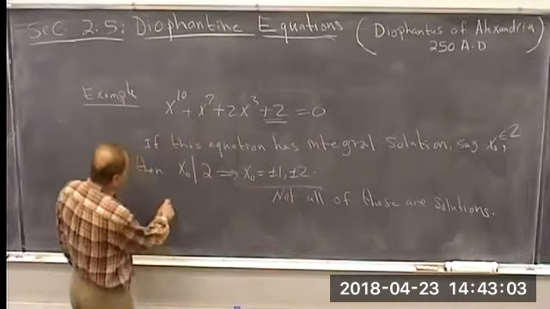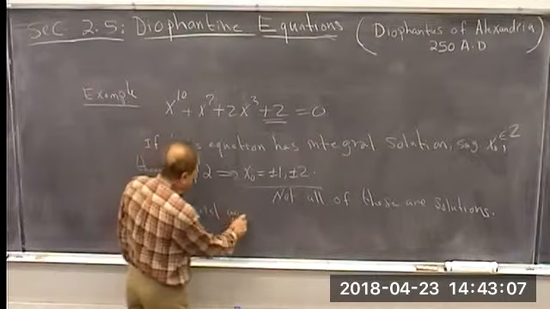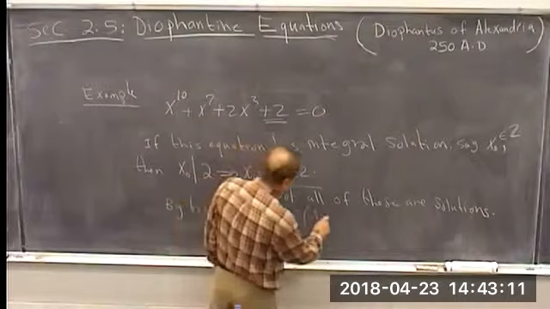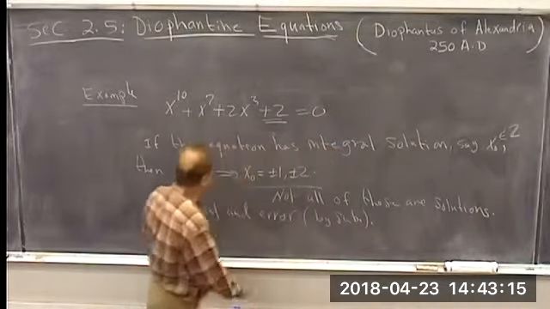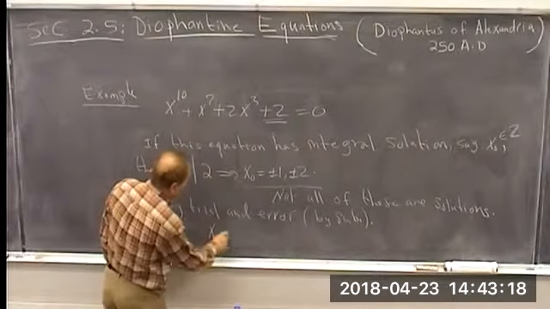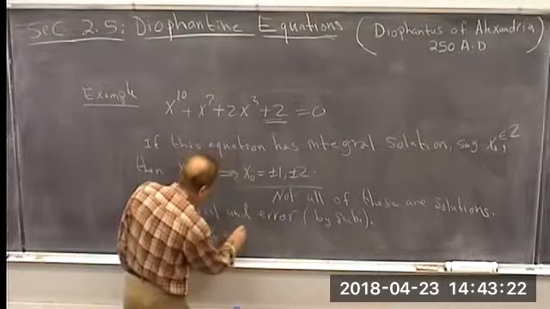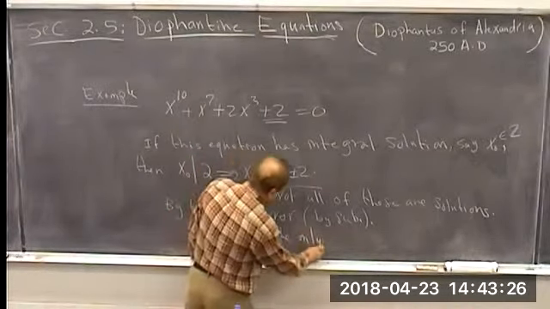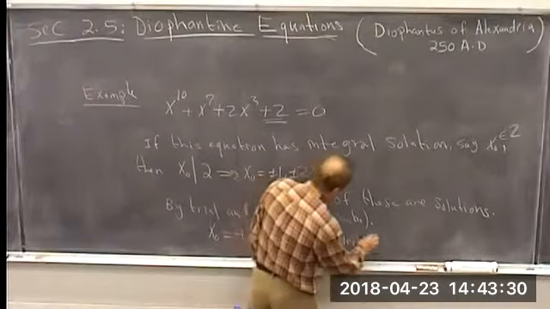And by trial and error, or by substitution, we found that x sub 0 equal to negative 1 is the only integral solution.